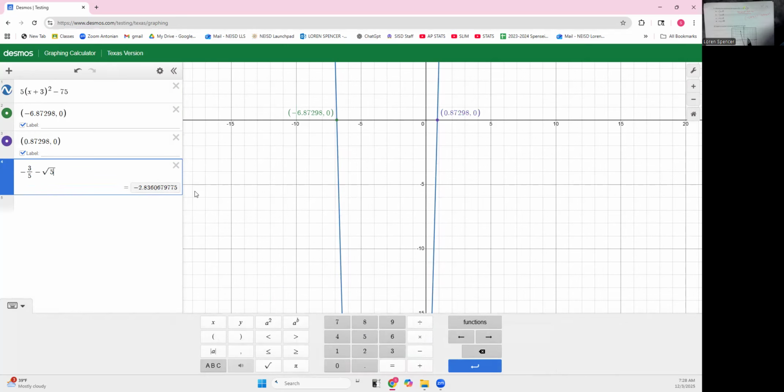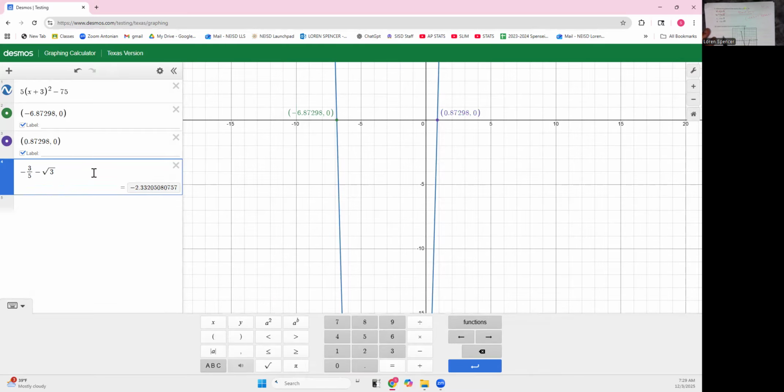And I get negative 2.836. Well, that's clearly not right. So we know it's not A. So now I'm going to plug in B. And I'm going to go negative 3/5, which I already have, minus square root of 3. And I get negative 2.3. That's clearly not right.